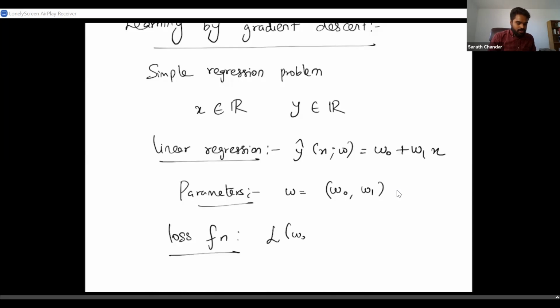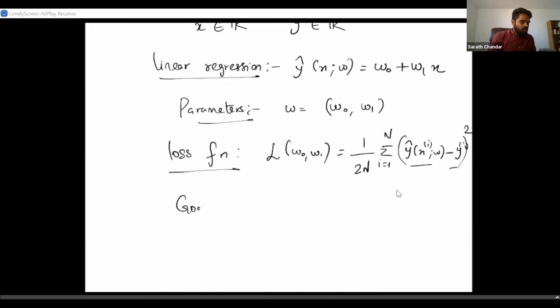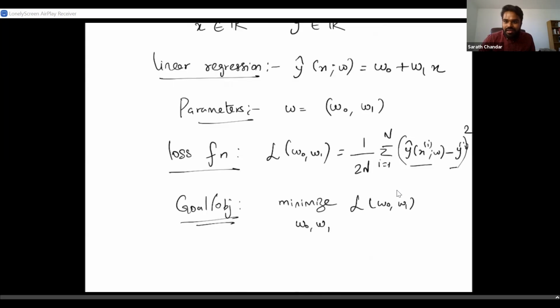The loss function is given by 1 over 2n summation over i is equal to 1 to n of y hat of xi given w minus yi, the whole square. Here y hat is the model's prediction and yi is the true target that we want to predict. Once you define the loss function, you have an objective, and our objective is to minimize the loss function, so find the parameters w0, w1 which minimize this loss function.